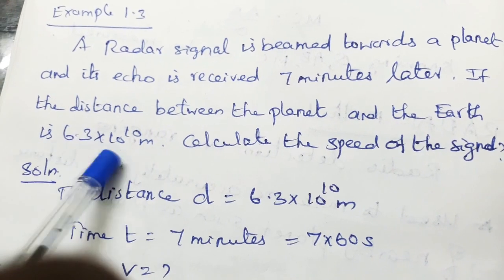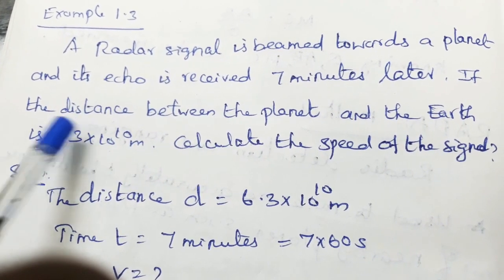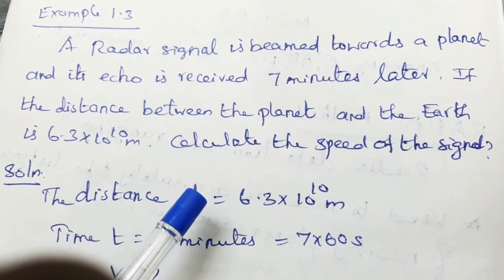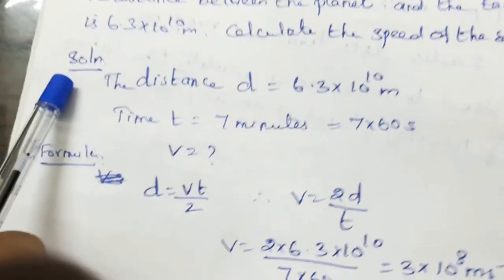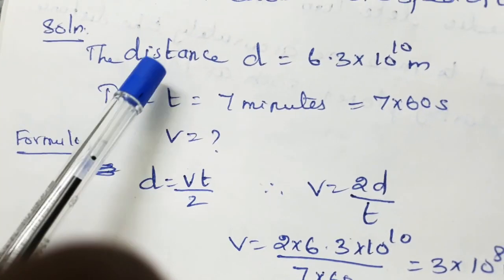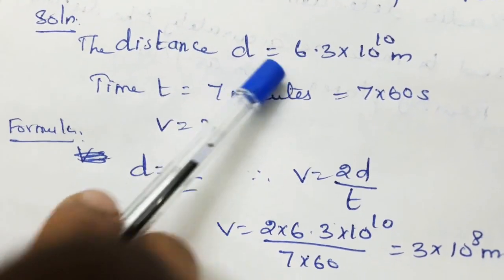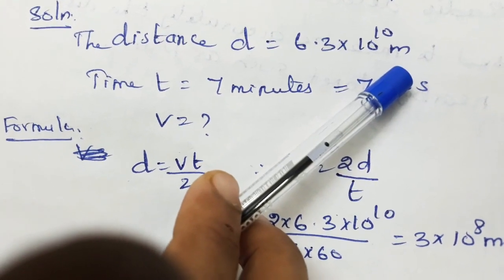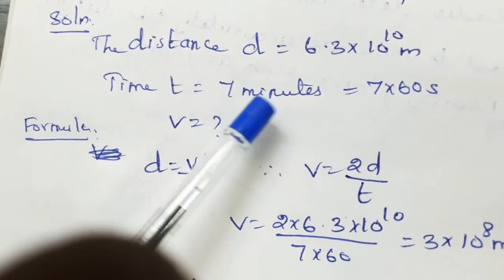Distance is given. Speed we have to calculate. So we should change the formula. Solution. The distance d is equal to 6.3 into 10 power 10 meter. Time t is 7 minutes.